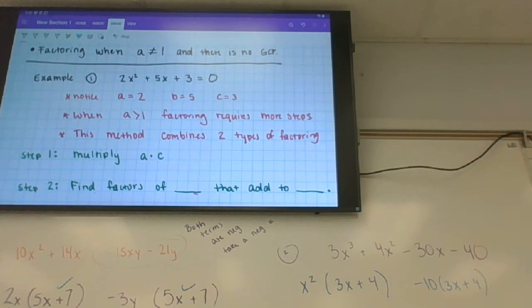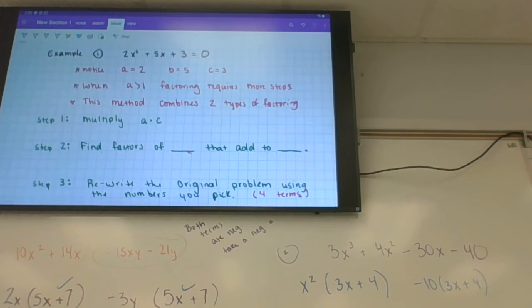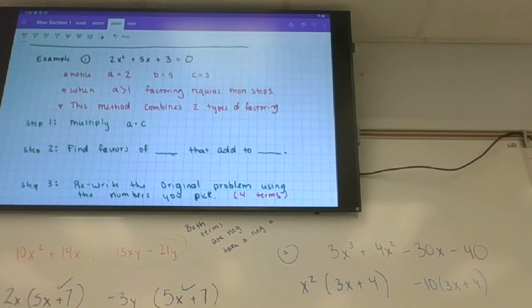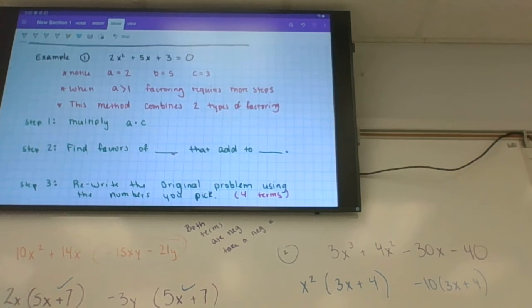Step 1, multiply a times c. Step 2, find factors of blank that add to blank. I'll tell you that in a minute. Step 3, rewrite the original problem using the numbers you picked. That's going to create a 4-term problem.